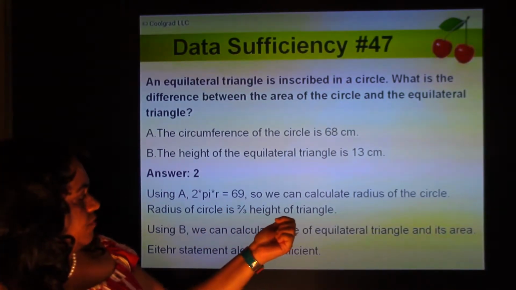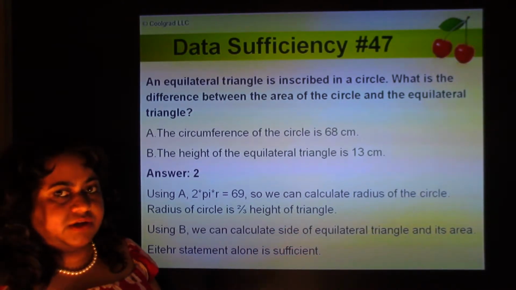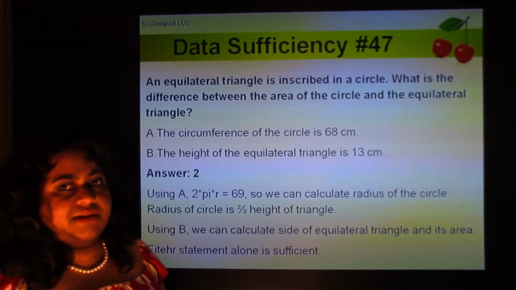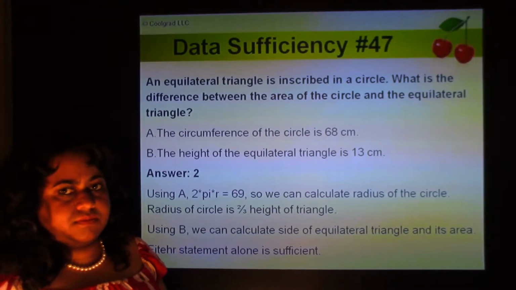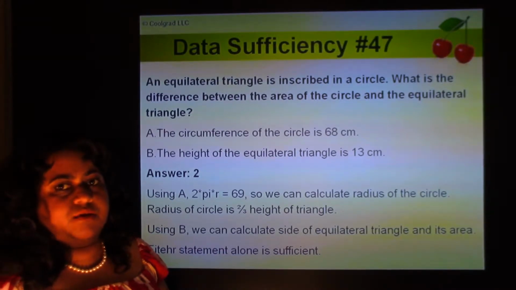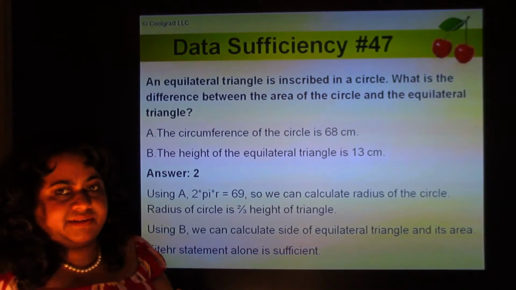From this we know the height of the triangle, and once you know the height of the equilateral triangle, you can determine the length of the side of the triangle, right? It's an equilateral triangle and we know the height, so the height bisects the base.